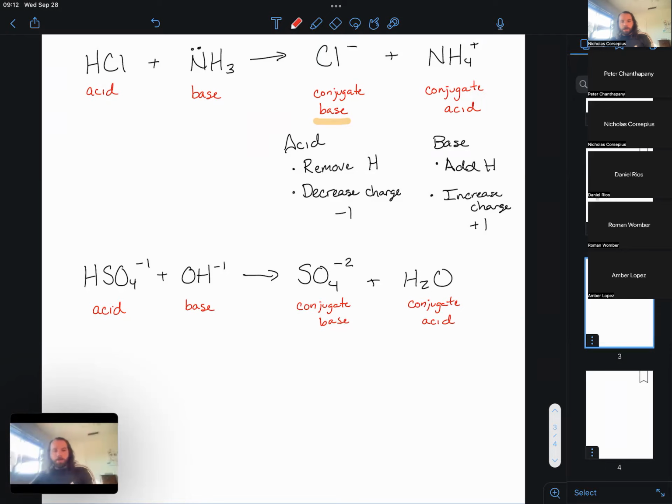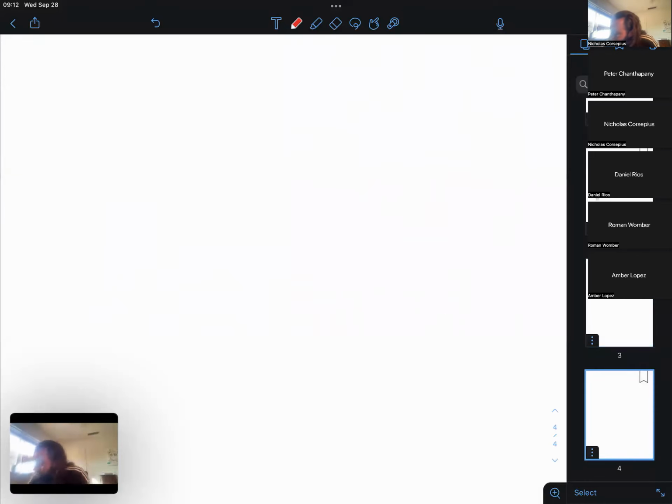All right, so again, just trying to review some basics here. The next thing that we need to know is the difference between strong versus weak acids and bases. Being able to spot these is going to be important.